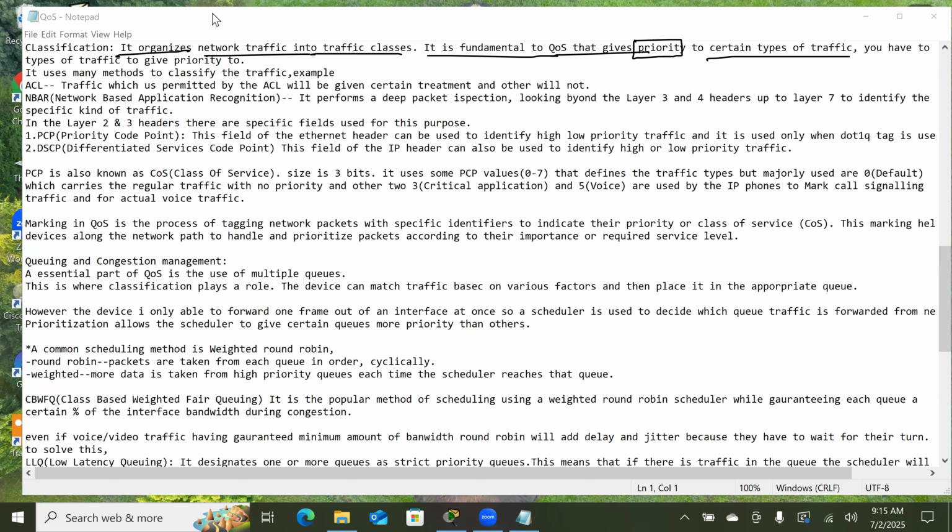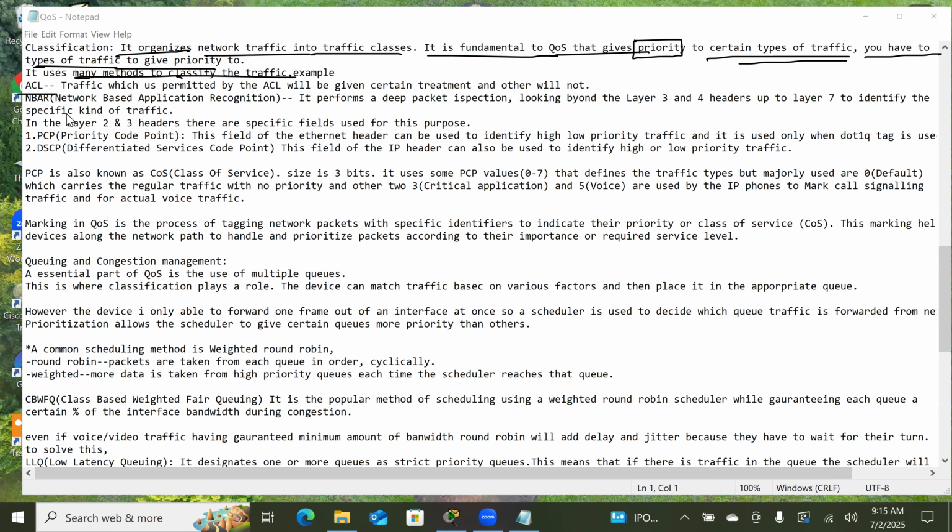So what is classification? This is a fundamental part of quality of service where you give priority to certain types of traffic. It uses many methods to classify the traffic and give priority to it.